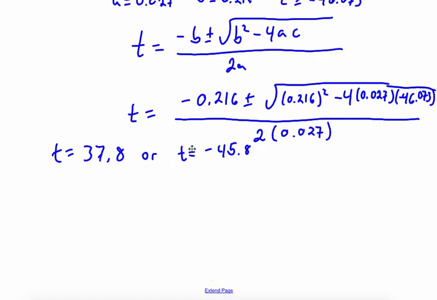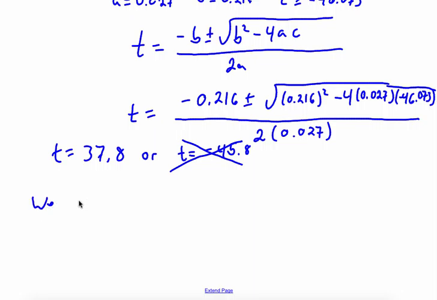Okay, well, t represents time, and I'm not really interested in negative time because that's basically 45 years before 1970. So not really talking about nuclear reactors back then. And that leaves us with 37.8. So we would say something like this.